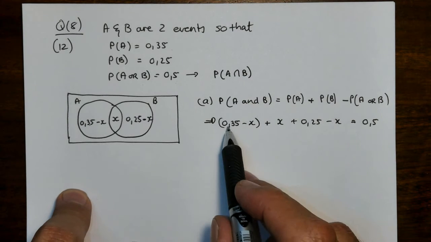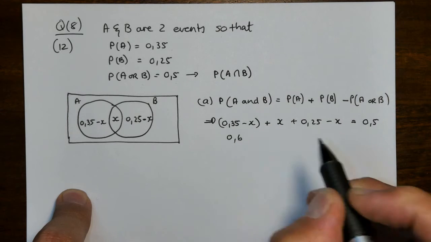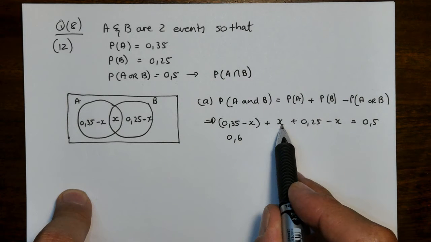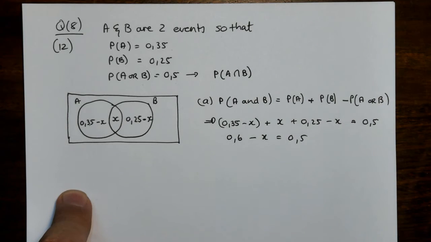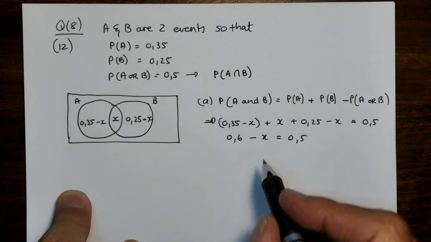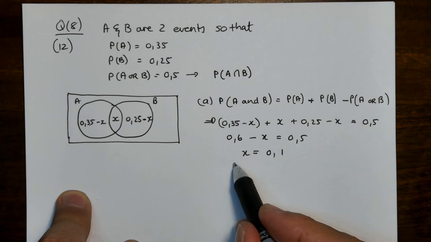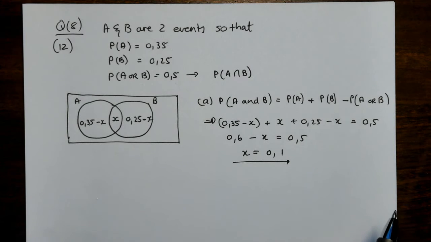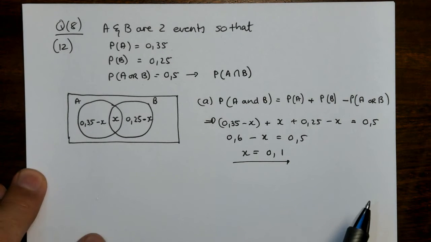If I add this lot together, 0.35 plus 0.25 is 0.6, minus x plus x is nothing, so 0.6 minus x is 0.5. Okay, what do I get? I get that x therefore is 0.1.